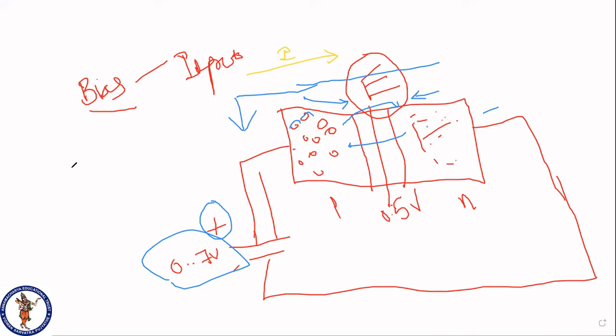And there is a formula for that as well, and I will include the formula in the formula sheet, and we will solve problems on that as well. This is the process of forward biasing, the forward bias diode.